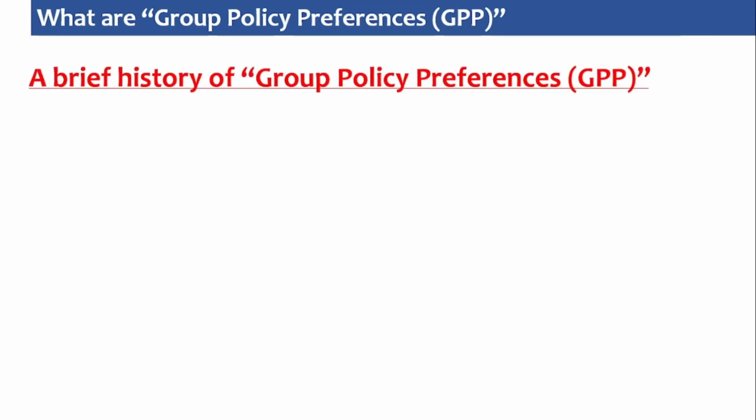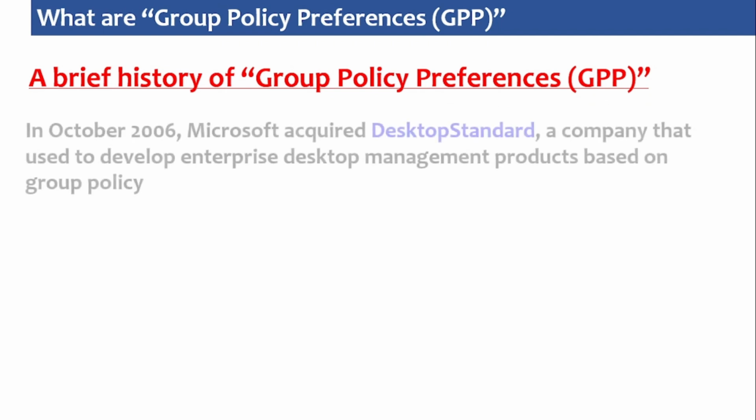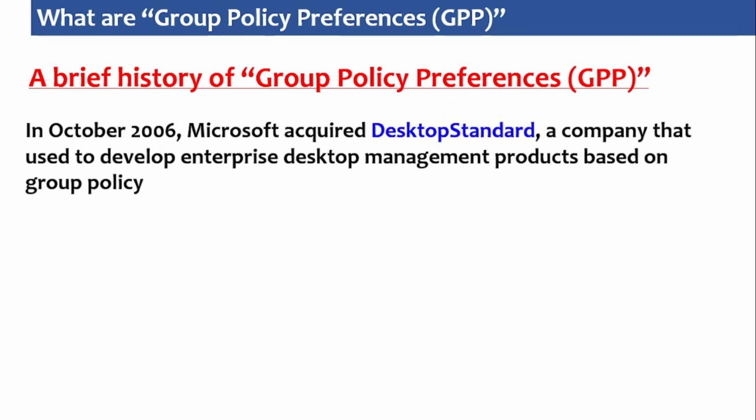Let us understand a brief history of group policy preferences. Where did it all start? In October 2006, Microsoft acquired a company named Desktop Standard, and that company used to develop enterprise desktop management products based on group policy.